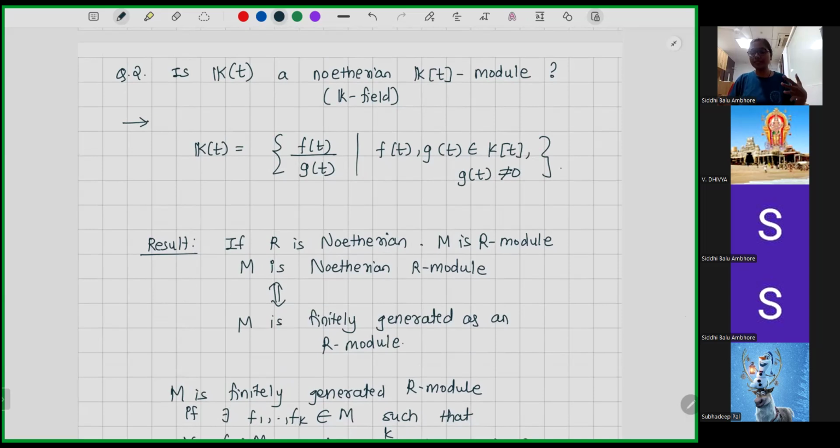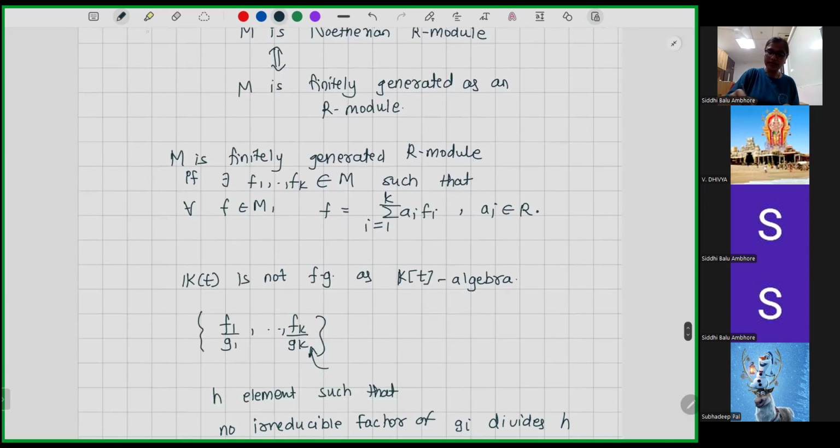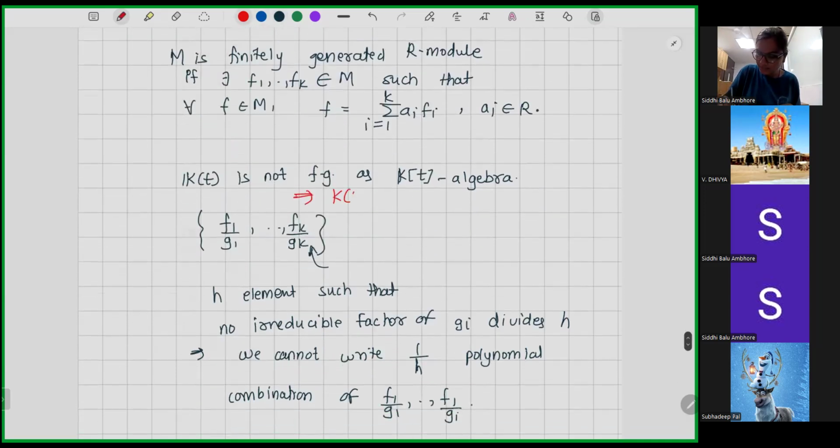When we say something is finitely generated as a module, it is a stronger condition than saying that something is finitely generated as an algebra. And we already proved that this is not finitely generated as an algebra. This implies that KT is not a finitely generated KT module. Is this okay?